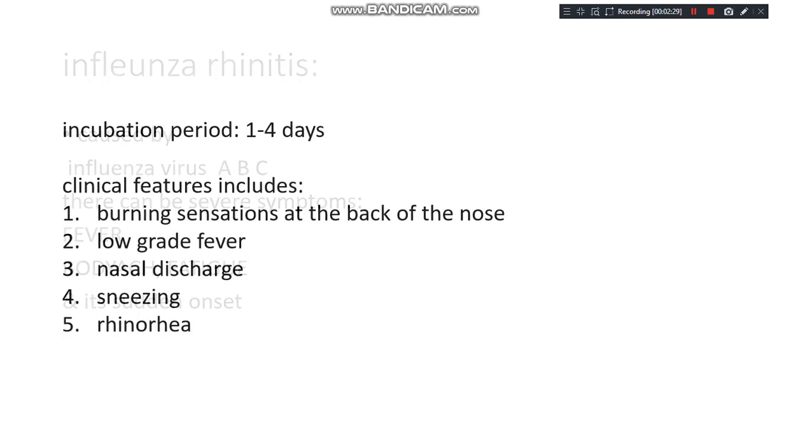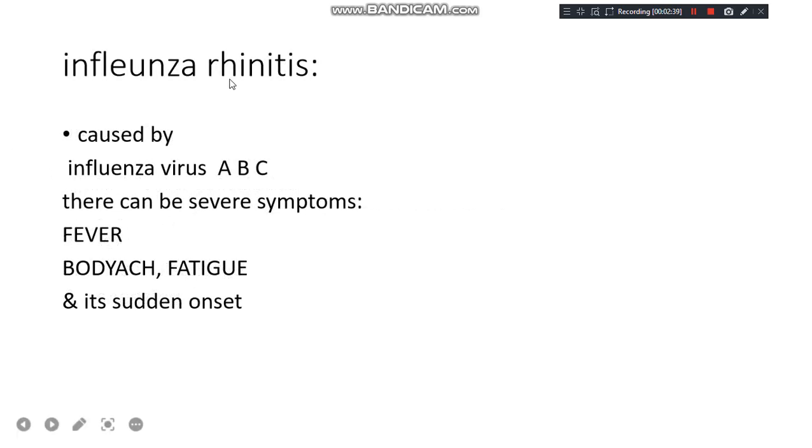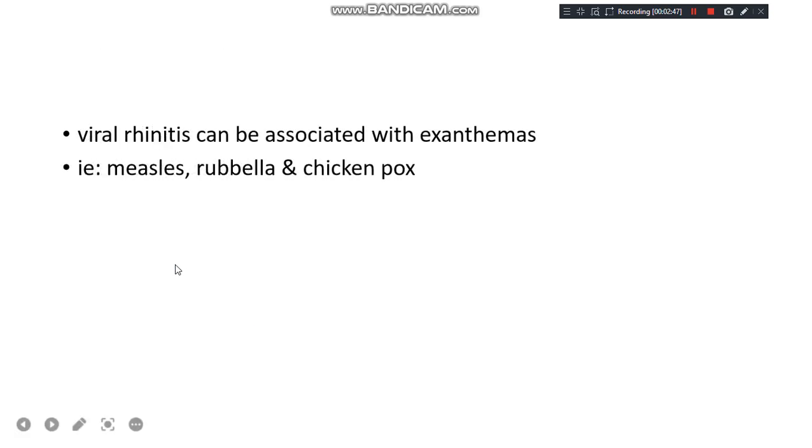We are distinguishing both of these: in the common cold there was only low grade fever, but in influenza rhinitis we have high grade fever, body ache, and fatigue, all sudden in onset. Viral rhinitis can also be associated with exanthemas. These are rashes which appear on the body after measles, rubella, and chickenpox. In this condition, viral rhinitis can also occur.